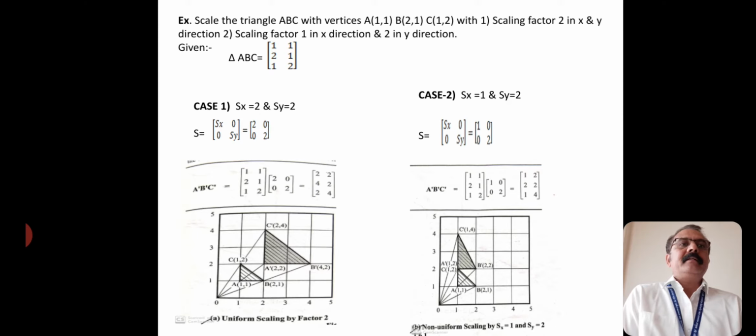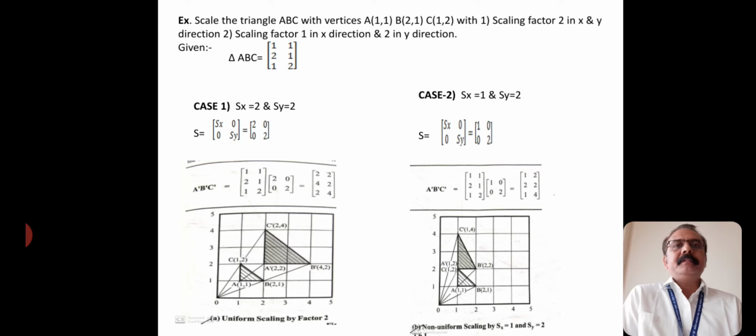It means that it is uniform scaling, as the scaling factor is the same in both x and y direction. Second, scaling factor 1 in x direction and 2 in y direction. As the scaling factor is different in x and y direction, it is non-uniform scaling.